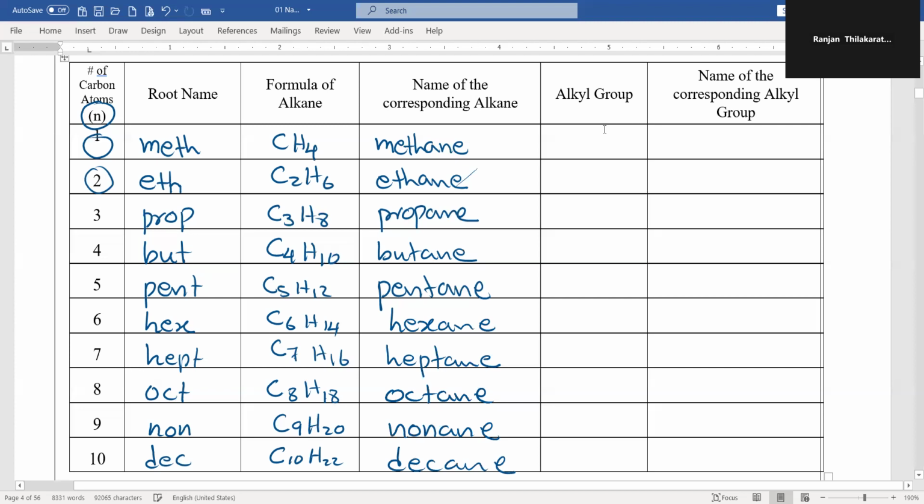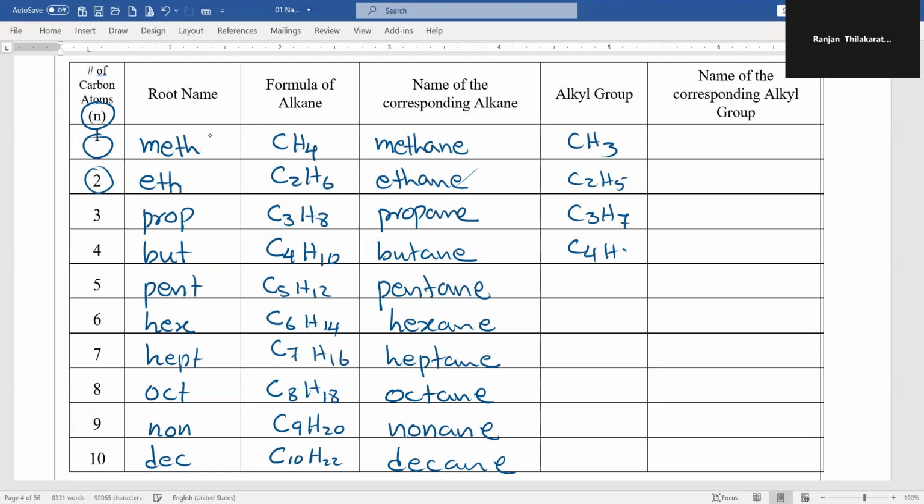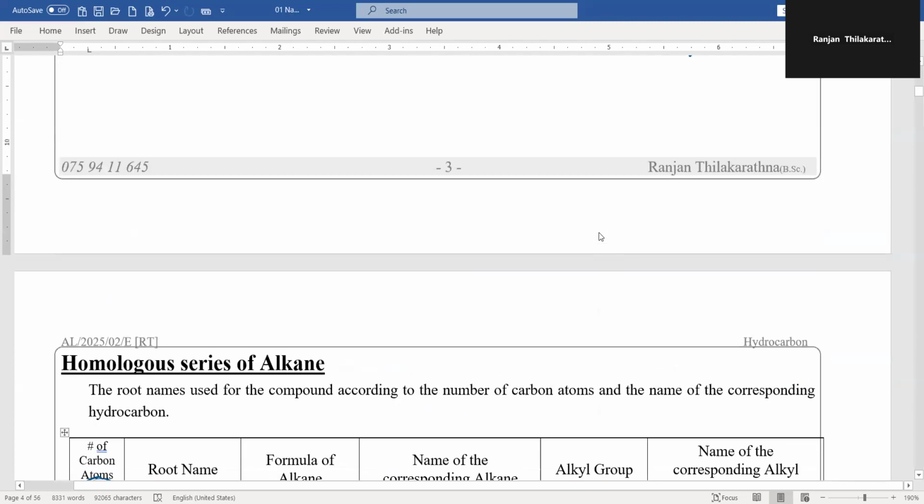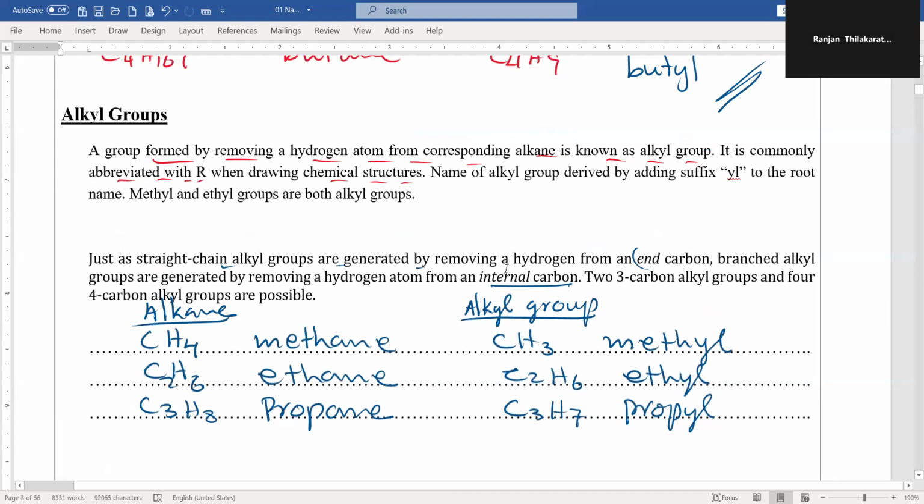Then the alkyl group. An alkyl group is obtained by removing one hydrogen from the corresponding alkane. Then the alkyl groups will be CH3, C2H5, C3H7, C4H9, and so on. You may complete the rest. And the name of this alkyl group is obtained by adding yl to the root name. See, the suffix yl is added to the root name.